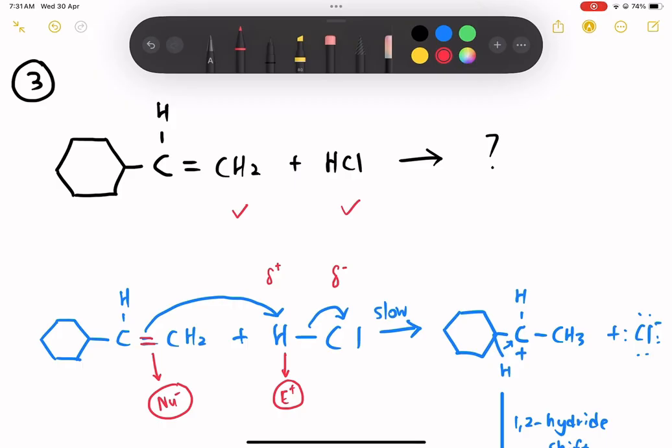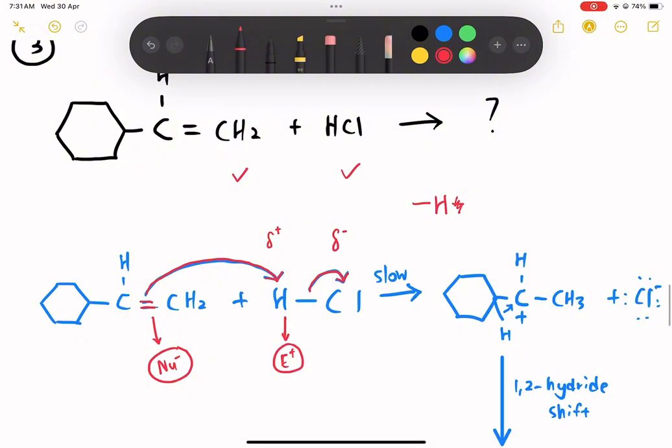The negative pi electron is going to reach to H, which is partially positive, and since H can only allow one bond, the remaining bond will break and the electrons will go over to Cl. The resulting compound will form this and Cl-.